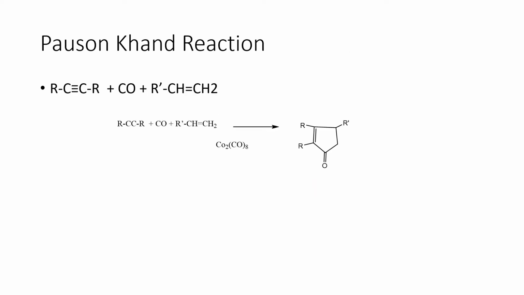Let me take the Pauson-Khand reaction as a classic case. Here I have for you an alkyne, an alkene, and carbon monoxide. And in the product, you notice that there is an alkene or a double bond that is generated, and that is coming because of the way in which we have labeled them.